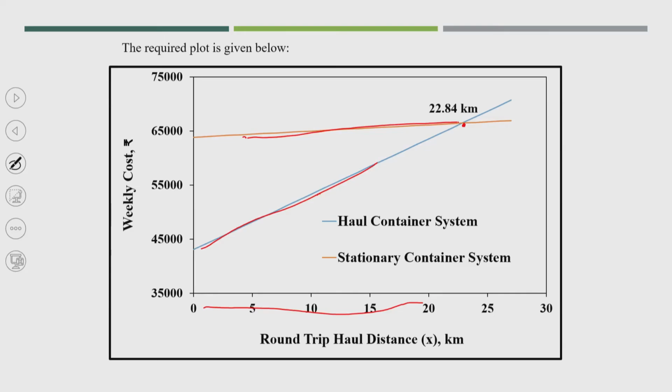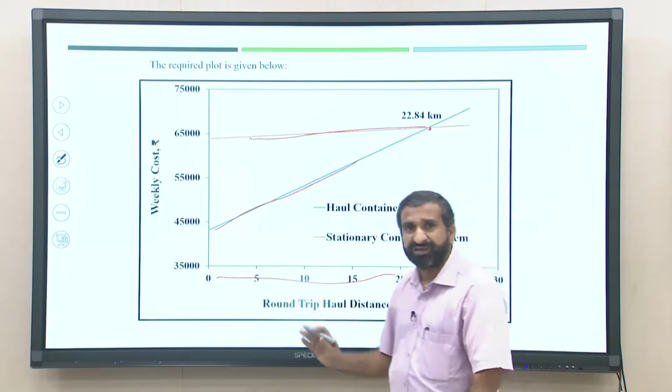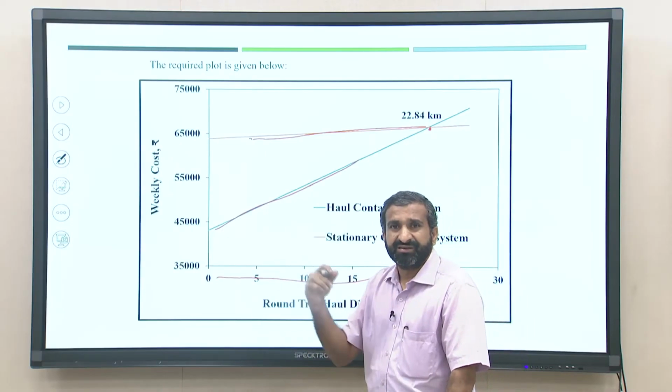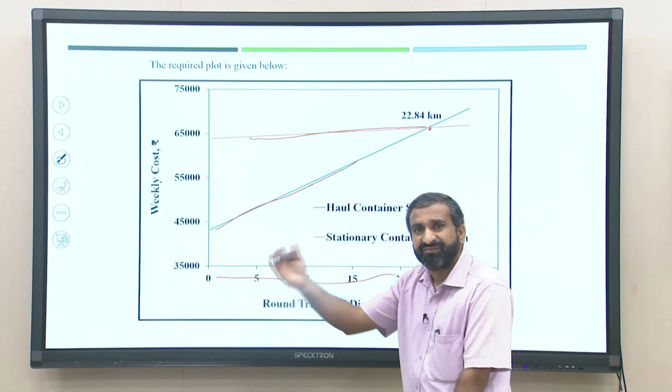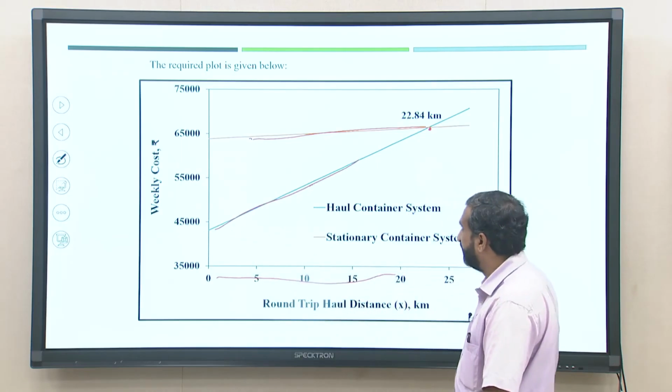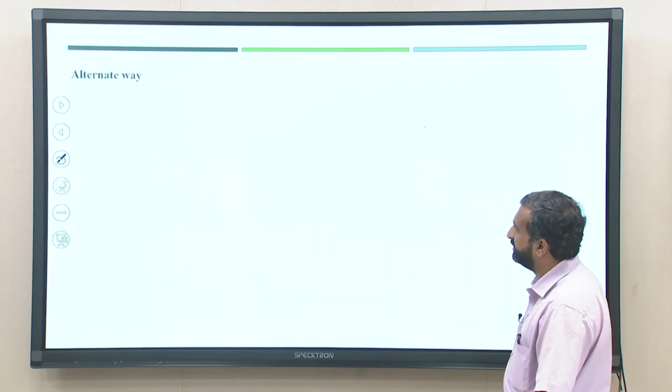This is one way of solving a problem. So, the answer will be 22.84, that is the round trip distance. So around 11.4 kilometer will be the maximum distance where the private collector will finalize the MRF center or recycling facility.